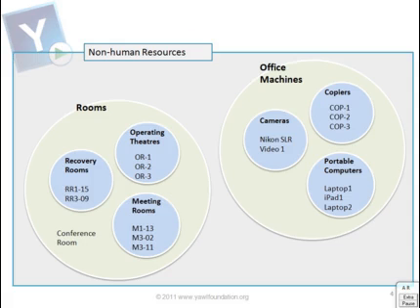And non-human resources can be grouped into categories or subcategories. So as a visual idea of what's going on, we have a set of non-human resources, and we've got two categories, rooms and office machines, and within each one there are subcategories. So for example, in office machines you've got three subcategories, but all of those non-human resources also belong to the category office machines.